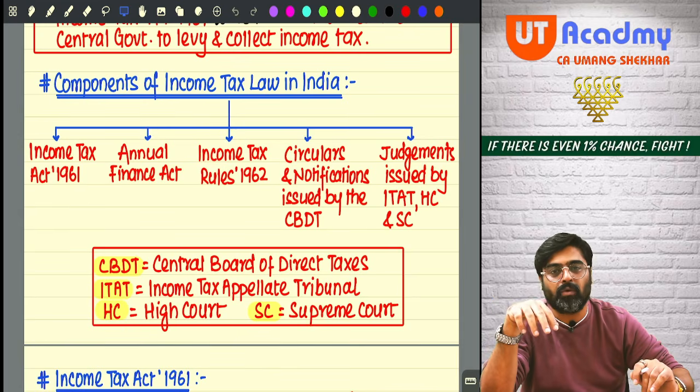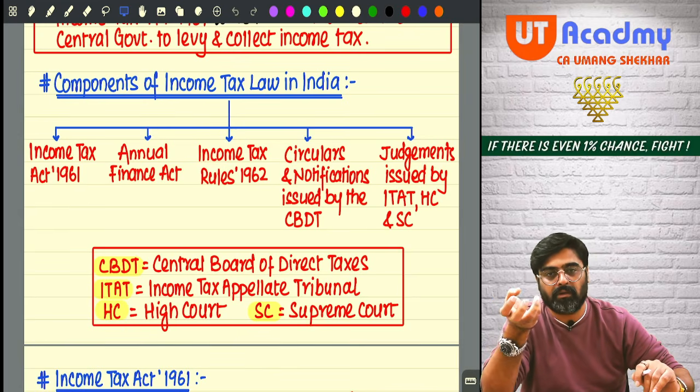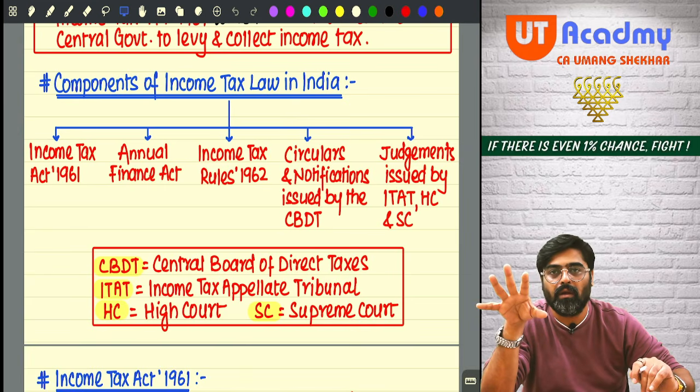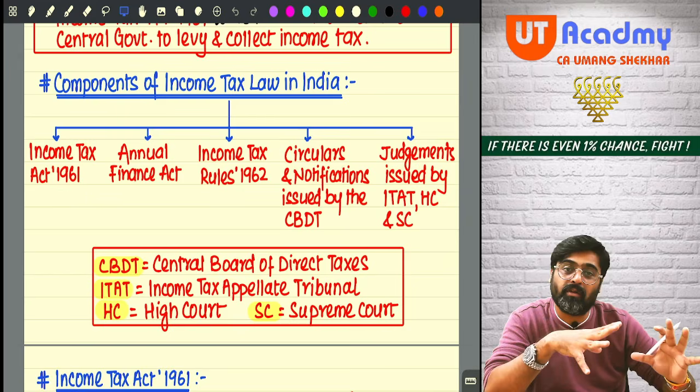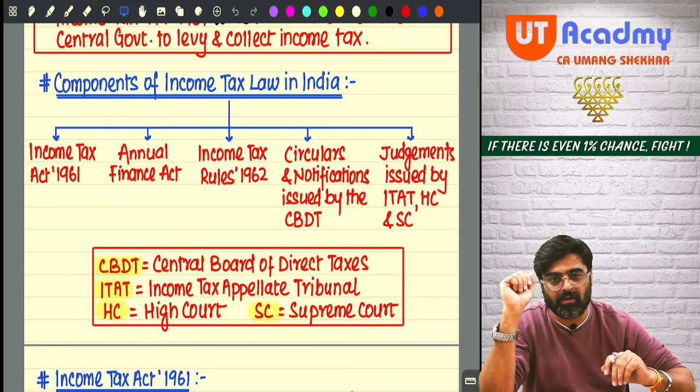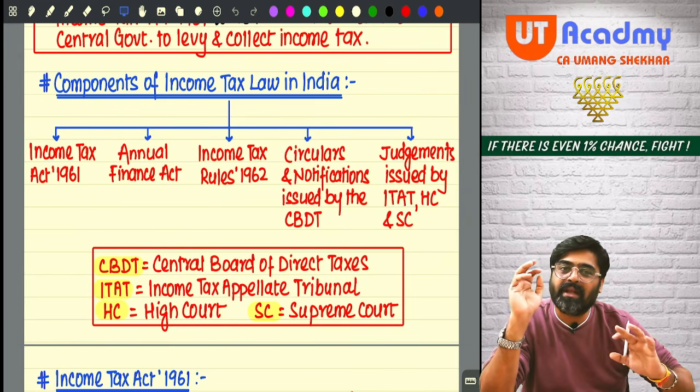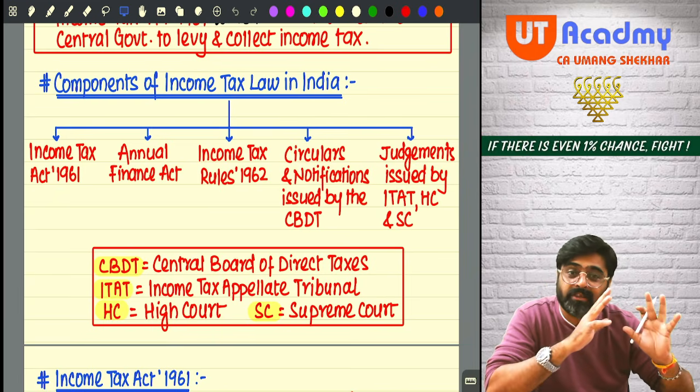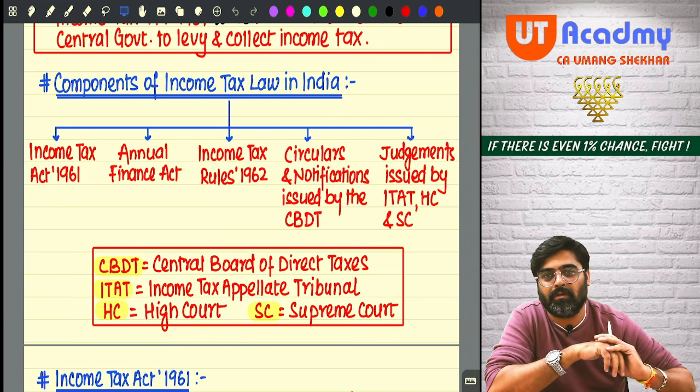So our institute cannot expect the students at inter level to come prepared with the entire income tax law, because that is hardly understood by existing chartered accountants also.